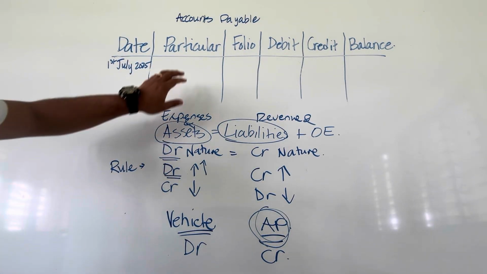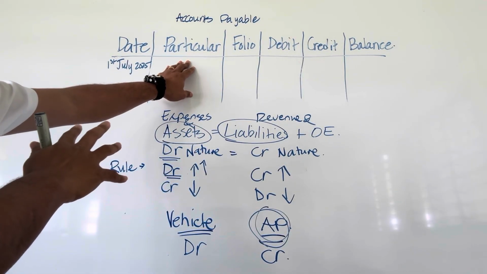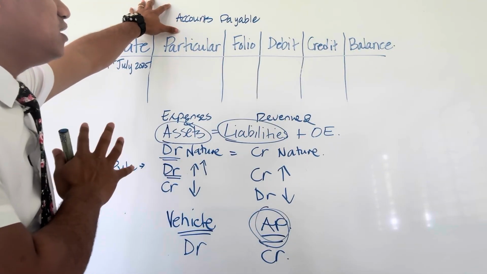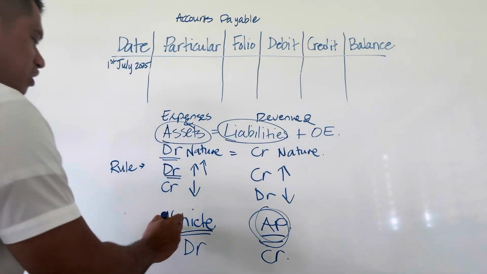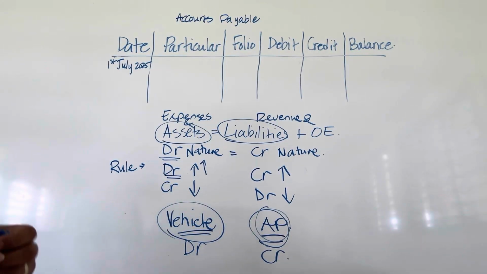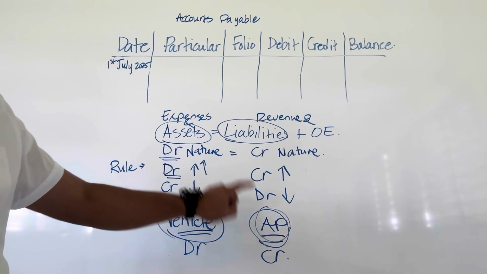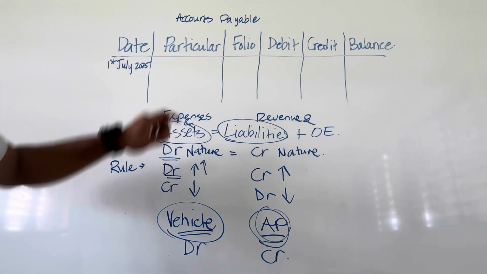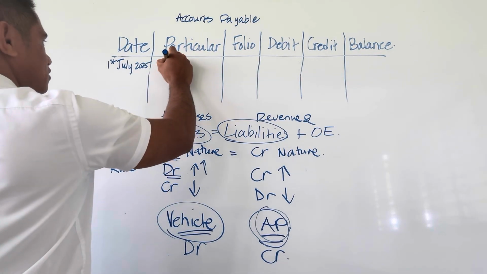Once again, for the particulars, we write the other account in the transaction. Because this is the accounts payable ledger, the particular should be vehicle.